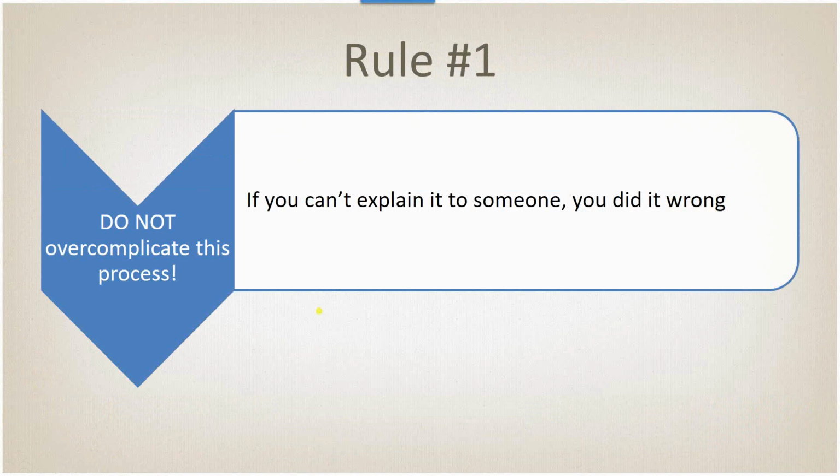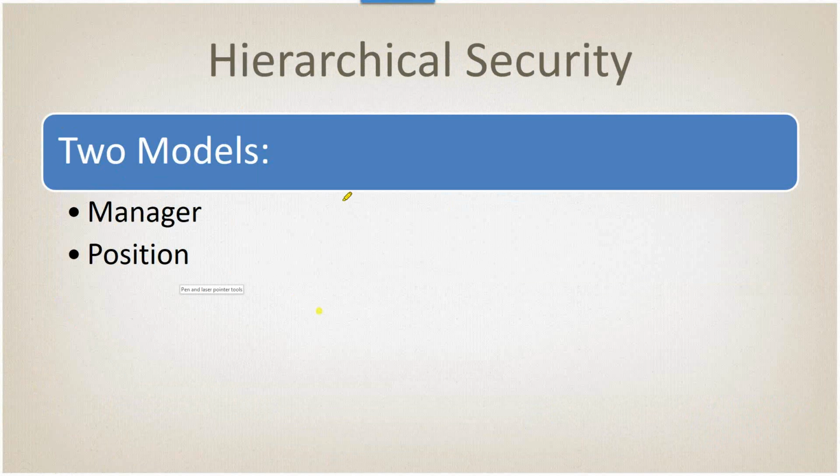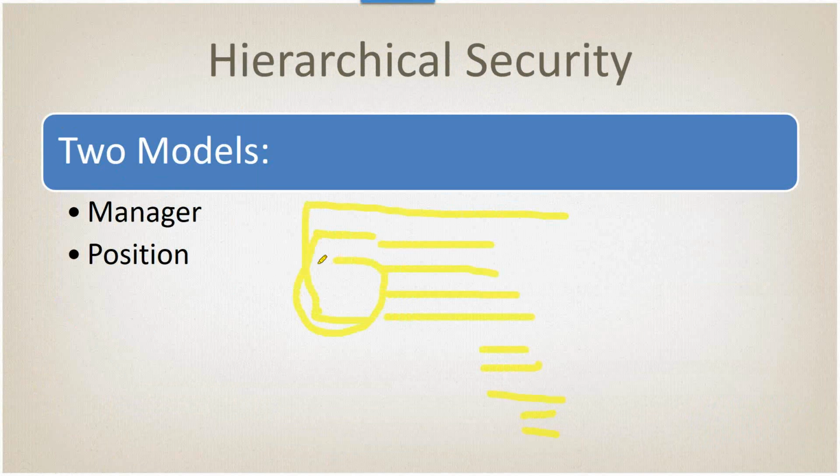Okay, so what that means is here I am right here. I have Bob and Sally and Jimmy and Jane, and then they each have people down below them, and in some cases down below them. So what that means is I can read and write these people here, my direct reports, but I am read only on their direct reports.